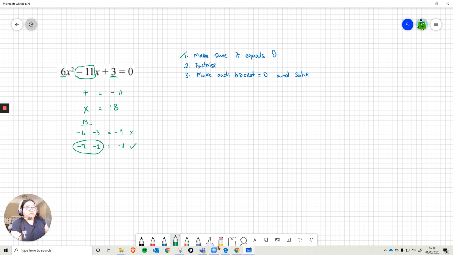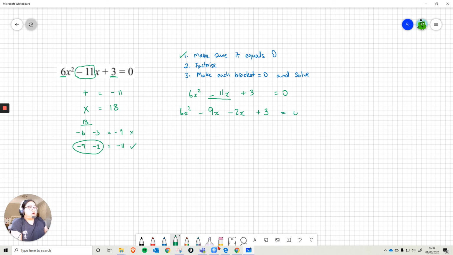So those are the factors that I'm going to use when I'm factorizing. If we look at the equation, 6x squared minus 11x plus 3 equals 0, it is this term in the middle that is being split into these two factors that we've worked out. So the 6x squared stays the same, the plus 3 stays the same, and my minus 11x is going to become minus 9x, so that's where this minus 9 comes from, and minus 2x.